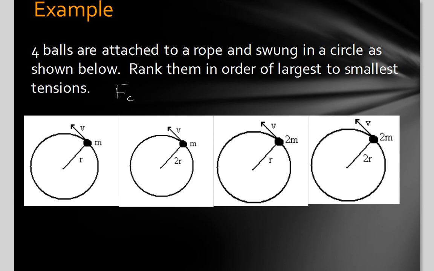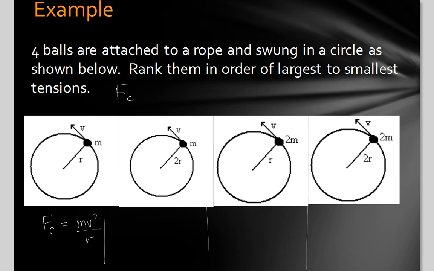In this example, you have the force being mv squared over r. And then for the next three, you have to see what happens if you double the radius, double the mass, or double both. So I'll do one of them for you. I suggest that you practice this as well on your own.